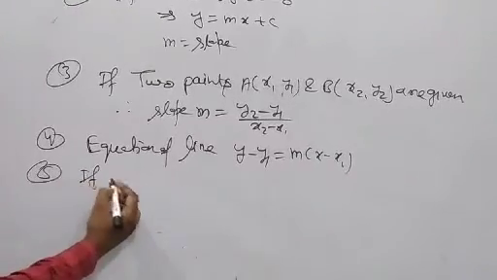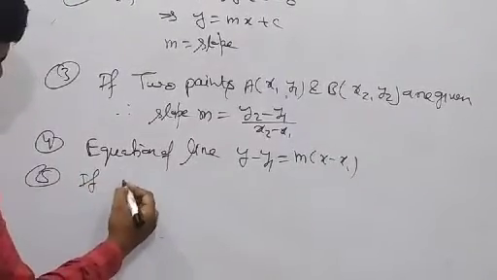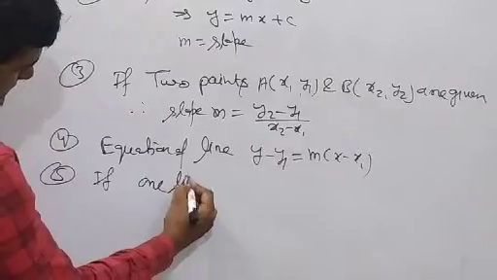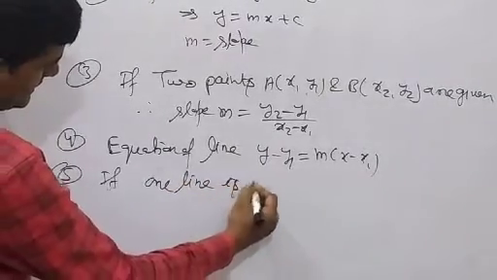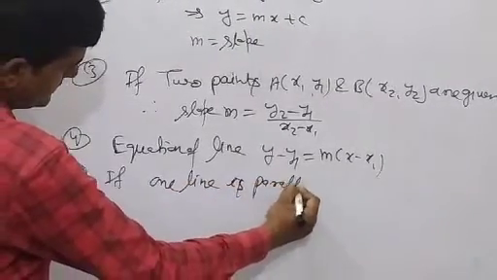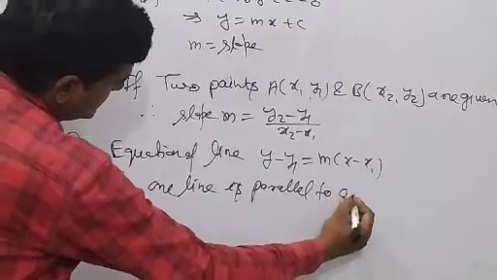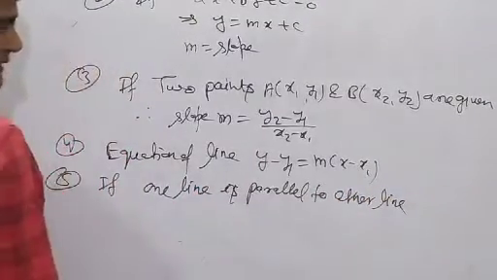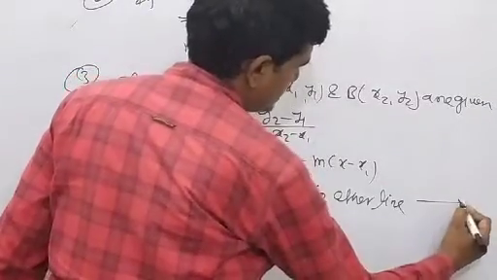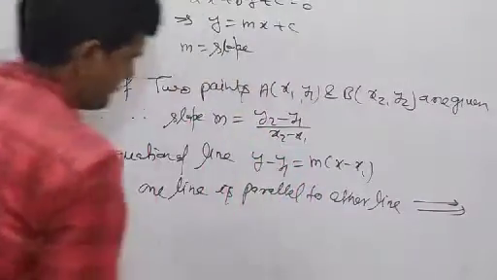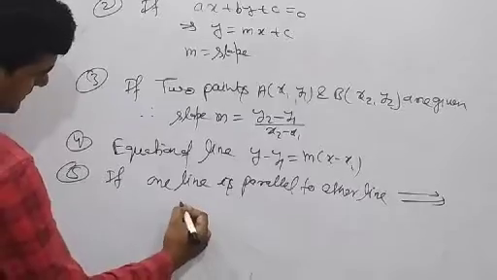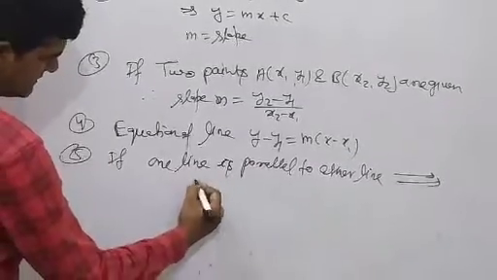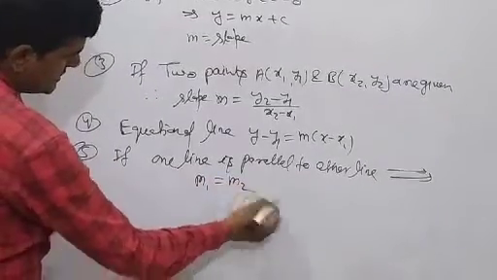Fifth, if one line is parallel to another line, suppose like this, the first line is parallel to the second line, then the slope of the first line m1 is equal to m2.